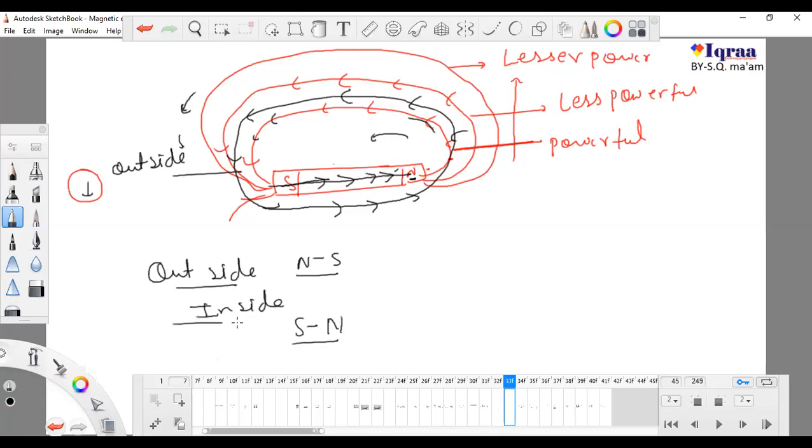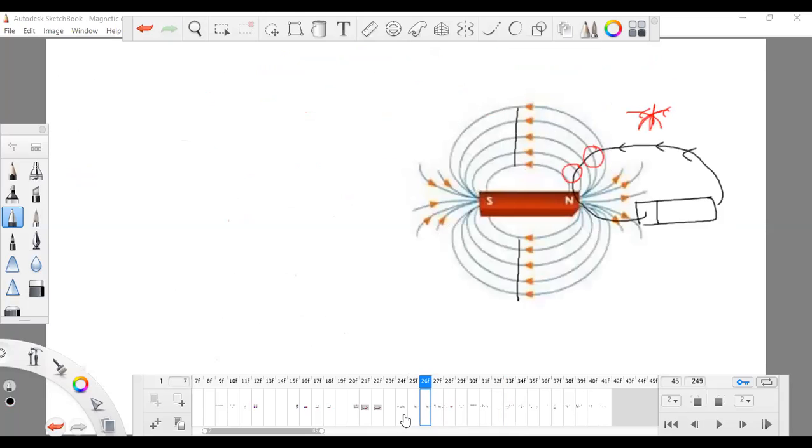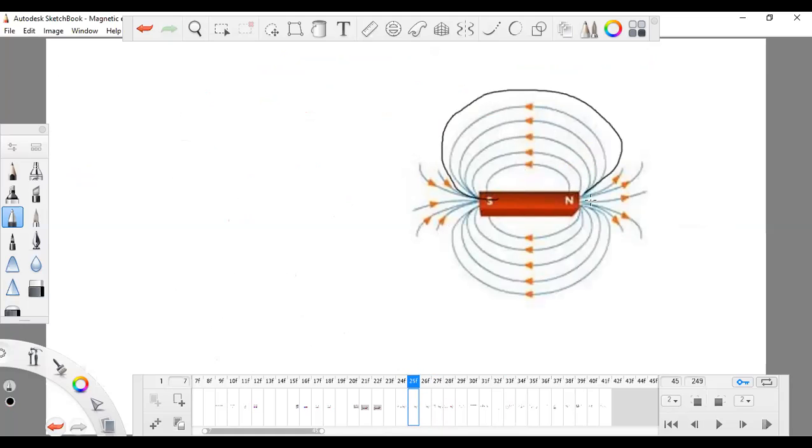So you have to be clear that outside they show a path which is north to south. We know the direction, we drew that yesterday, how the compass needle shows us the path. And if I want to complete this, it will be like this. There is a complete circle, like this.